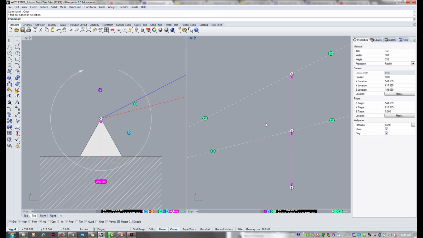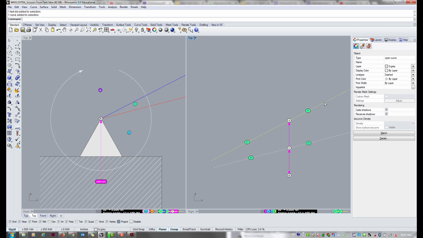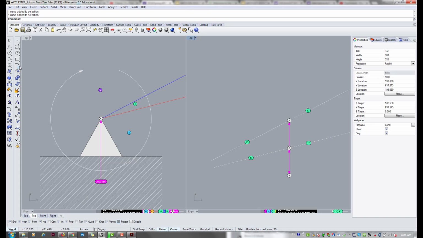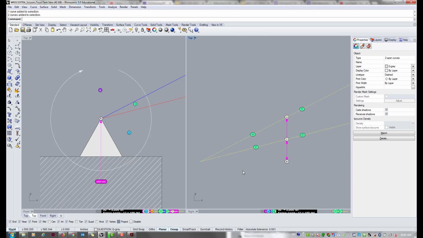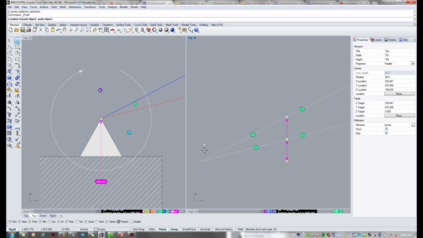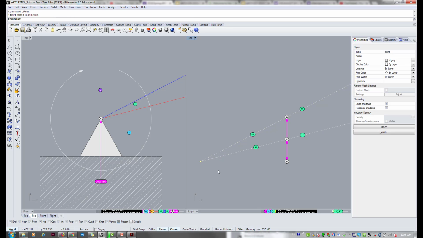So now we have two pieces of information about point 1, which is we know point 1 is anywhere on this line and anywhere on this line. So the only choice now is the intersection between those two. I can do that by filleting with 0 radius, or you can extend or whatever, but you can get the intersection of these two lines, and that's gotta be point 1.